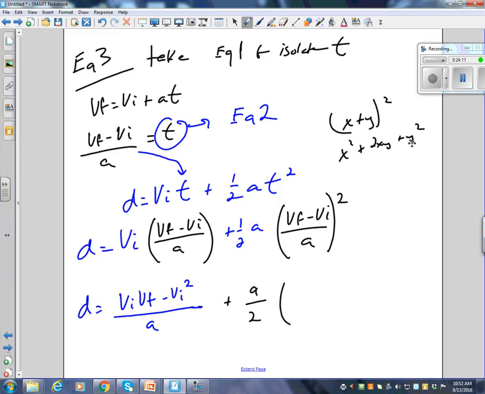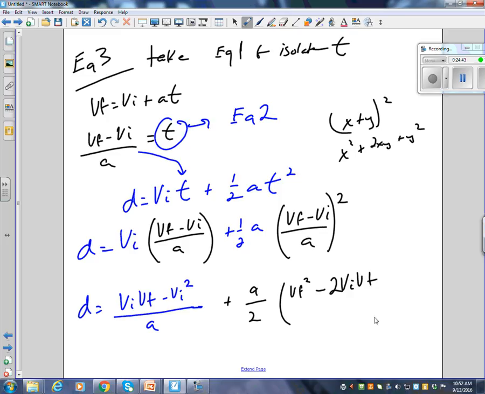So now this is going to become, oh, I said I'd keep it in blue, wouldn't I? Doesn't matter. Does it matter that it's in black? No. Good? Okay. So it's going to be Vf squared. It's a minus, so it's going to be minus 2, what? We always put it in alphabetical order. We're going to call it Vi, Vf, which you'll note is the same as this over here.